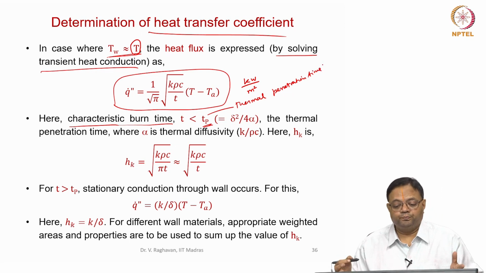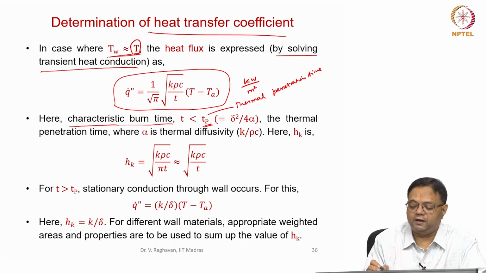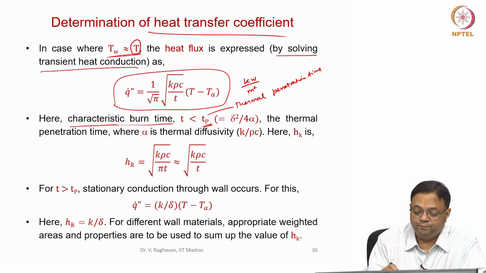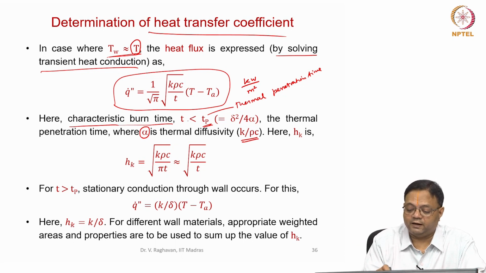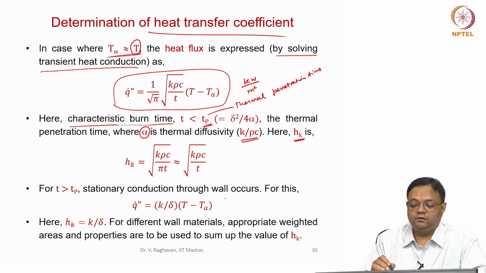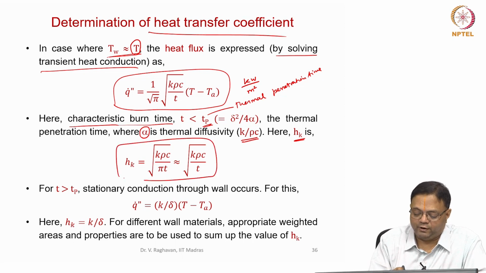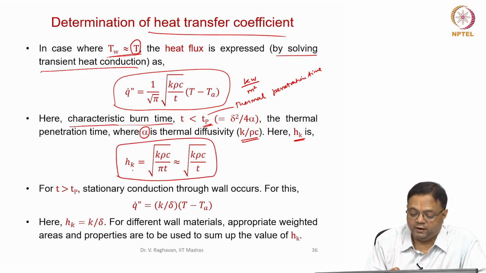For the conduction to occur within the solid, the burn time is less than the thermal penetration time, and alpha is the thermal diffusivity, K by rho C. Here delta square, the thickness of the material squared, divided by 4 alpha will give you the scale of the thermal penetration time. So this is greater than T. Now Hk in this case, we are trying to estimate Hk, correct, can be written as under root K rho C by pi T, or we can say K rho C by T.